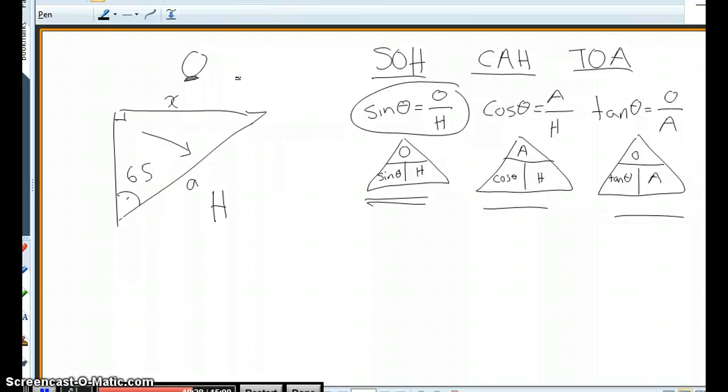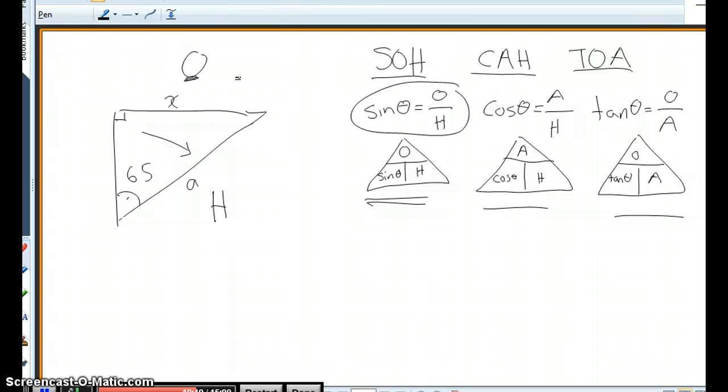And then if sine of the angle is next to the h, you multiply across this way. So the O becomes the hypotenuse length, which happens to be A. We don't know the number. A multiplied by sine of 65.